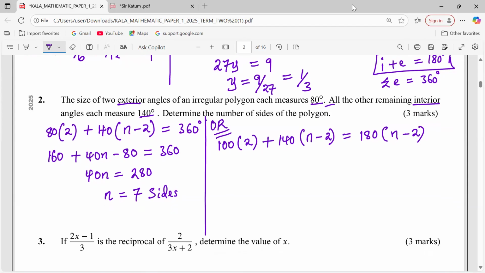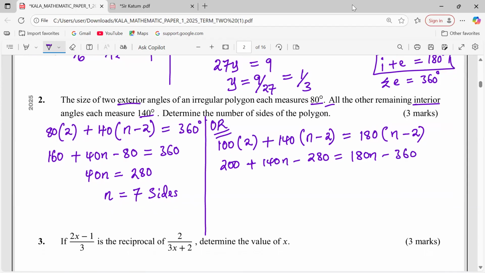So whether we add manually, as we can see on the left-hand side, we should get the same as when we use the formula as shown on the right-hand side. So this is 200 plus 140 times n minus 2, which equals 180n minus 360.